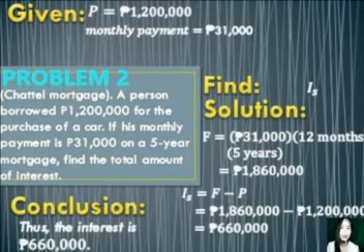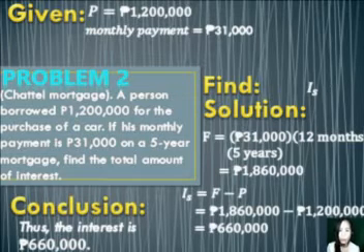So here in this problem, we are looking for the interest. What are given here is the principal amount of money or the present value, which is 1,200,000 pesos, and also the monthly payment, which is 31,000 pesos.